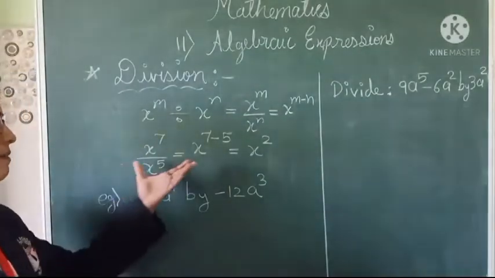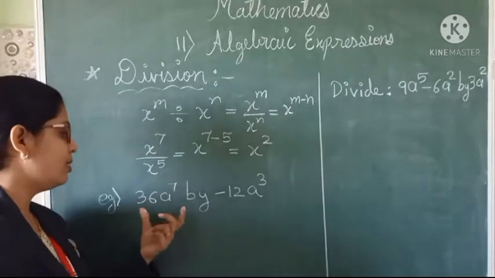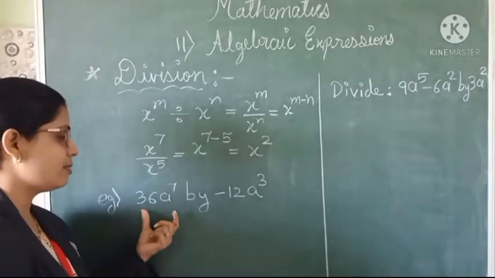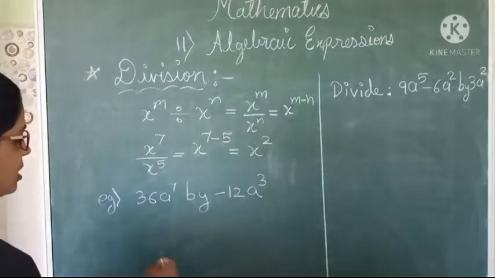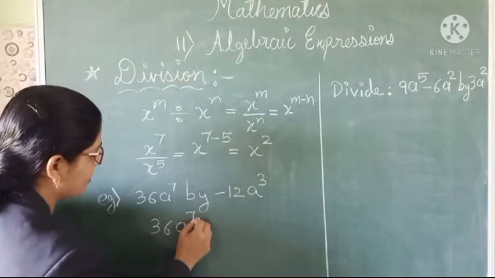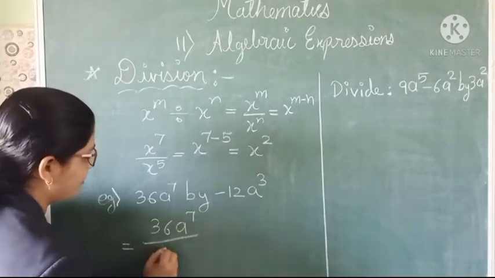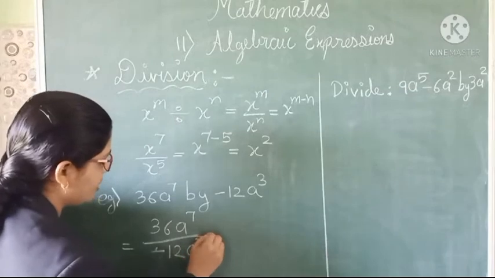Then same way if we have the monomial terms. Now you can see here algebraic expression which are having monomial, which is 36a raised to 7 divided by negative 12a cube. Right.